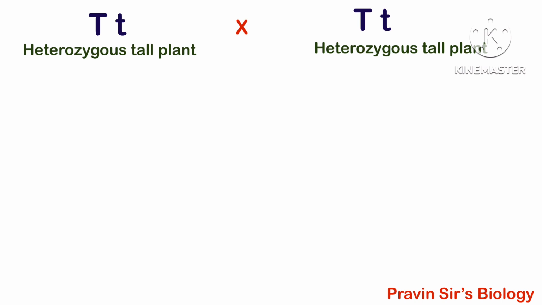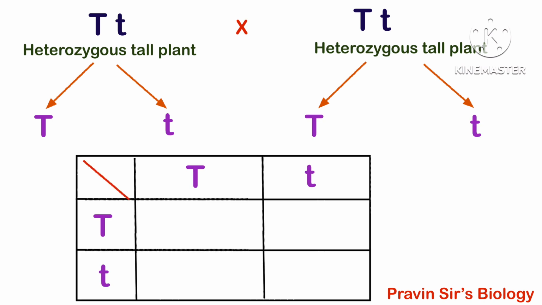Let's do the crossing by the checkerboard method. Male flower, female flower. Here will be capital T, capital T, here capital T, small t, here capital T, small t, and here small t, small t.